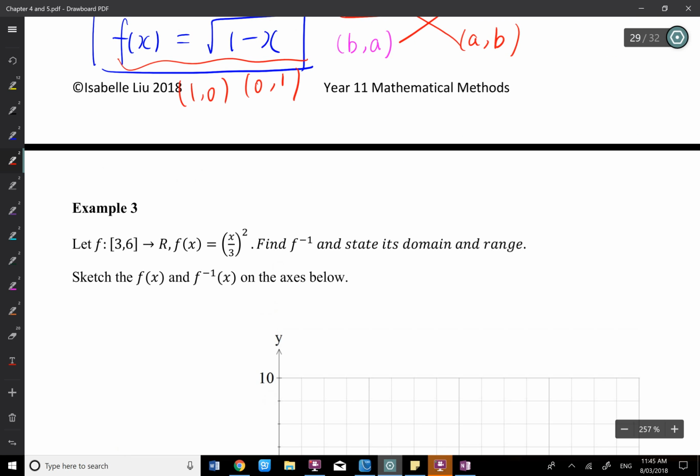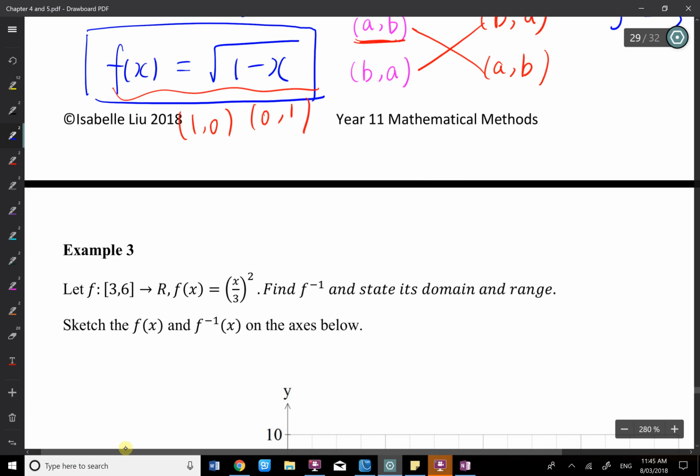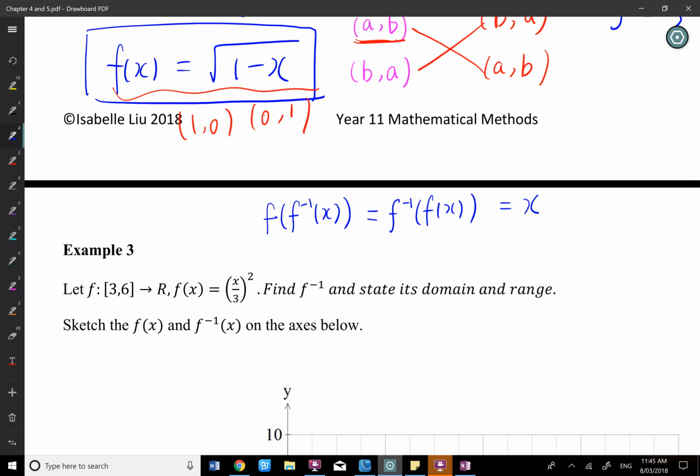Also, I'll give you a quick formula. If you have f inverse of f(x), that just equals x. So if you put the function f(x) into its inverse function, or you put the inverse function into the original function, that will just be x.